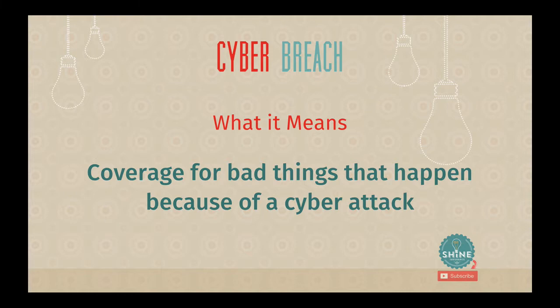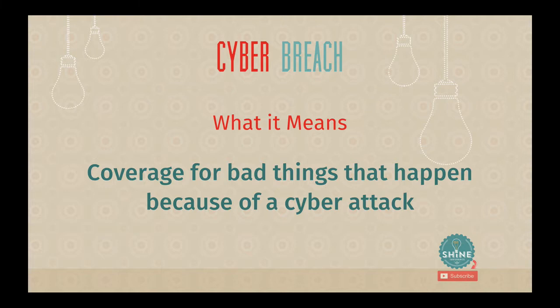Okay, so the fourth and final is a cyber breach. Cybersecurity, big deal. Obviously, anybody who's in this world understands that. And sometimes no matter what you do, you could experience a cyber breach. So this is coverage in your insurance policy for that type of situation. It's coverage for bad things that happen because of a cyber attack, right?